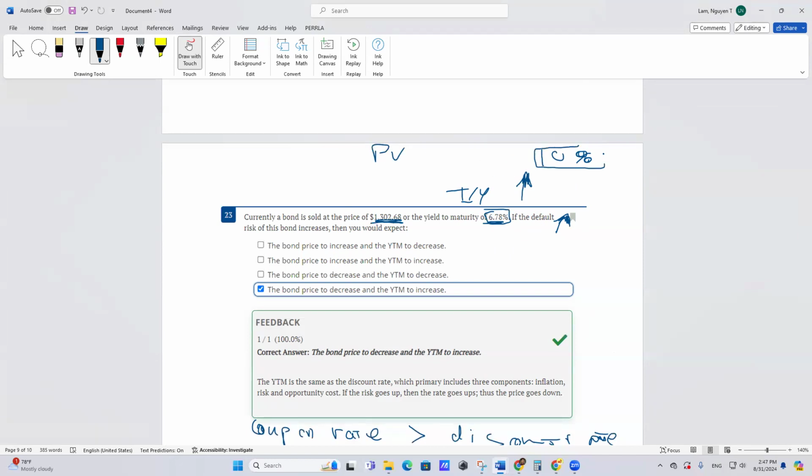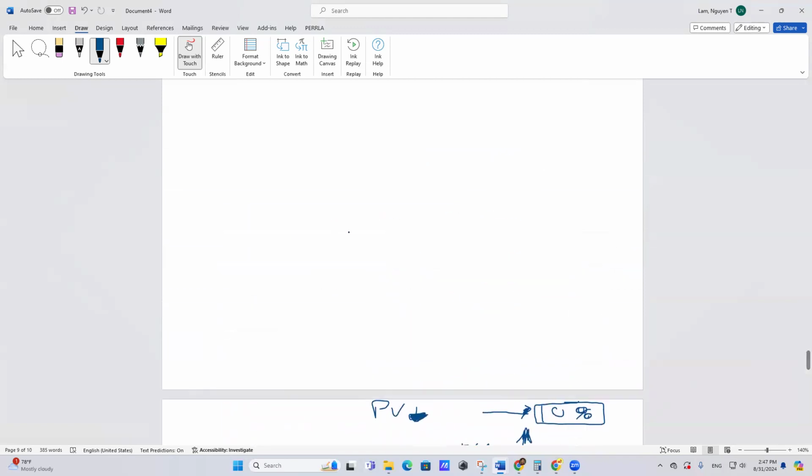If it's 10%, the price will decrease, right? Because the present value will be smaller than when it was 6.78%. Okay, I will give you an example right here. Hopefully this helps.